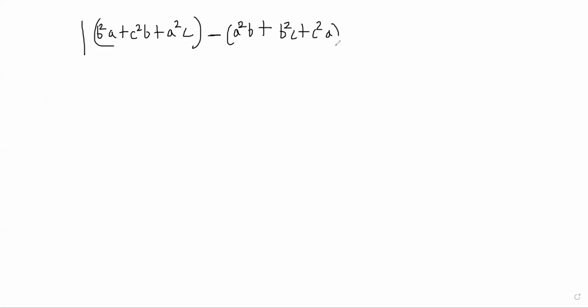So what I have is modulus of (b square a plus c square b plus a square c) minus (a square b plus b square c plus c square a) times w, mod square of this, right? I will call this as y and this as x. You have y minus x times, what is w?